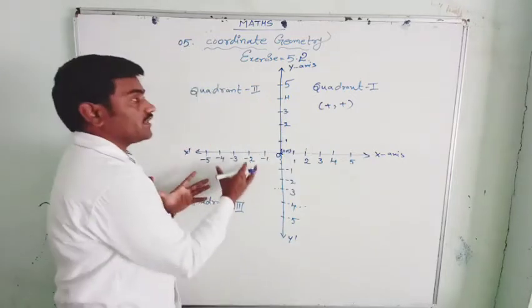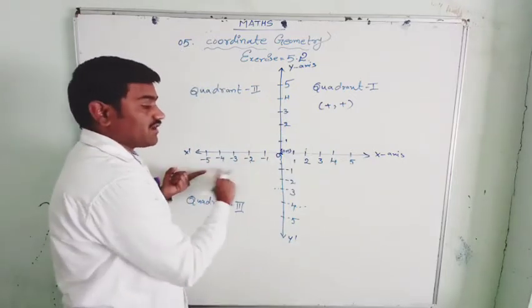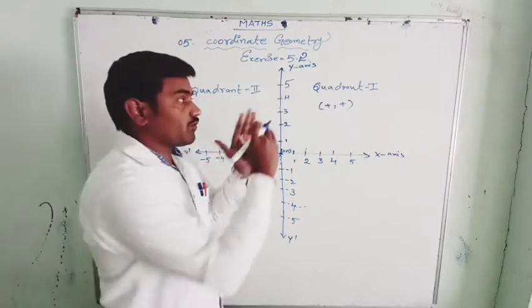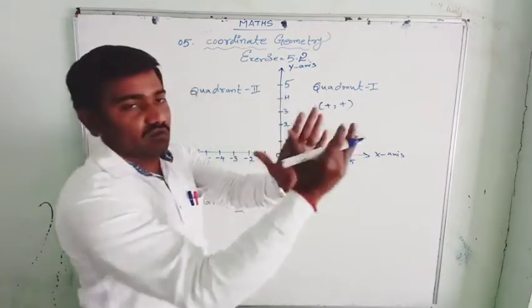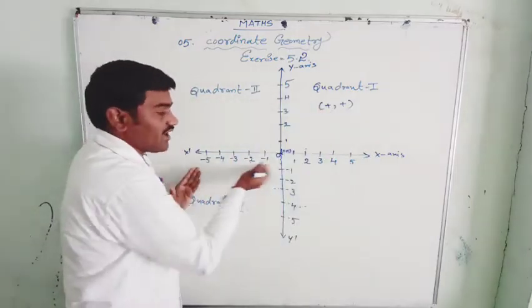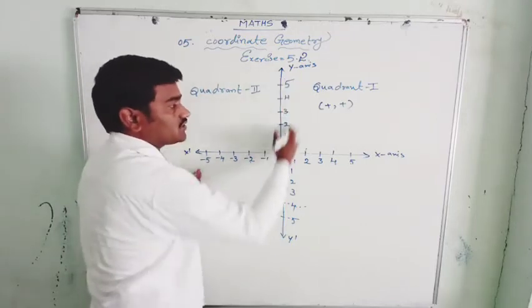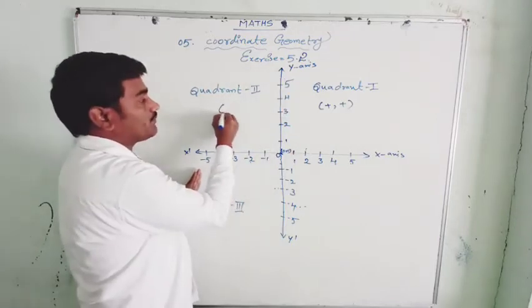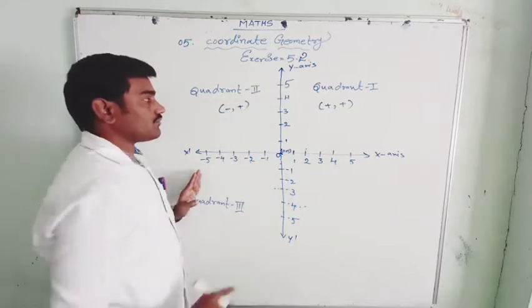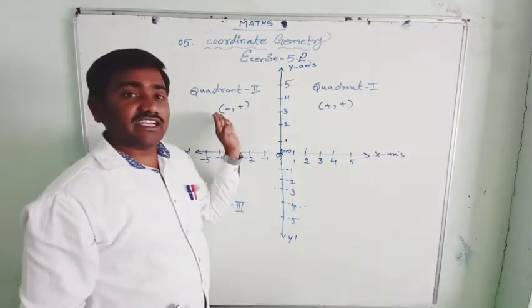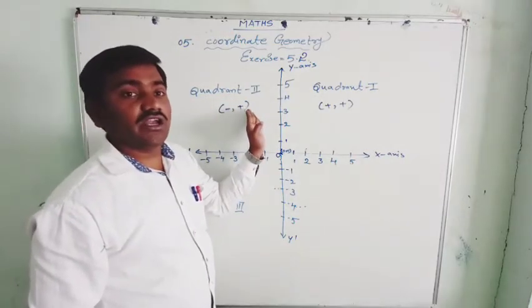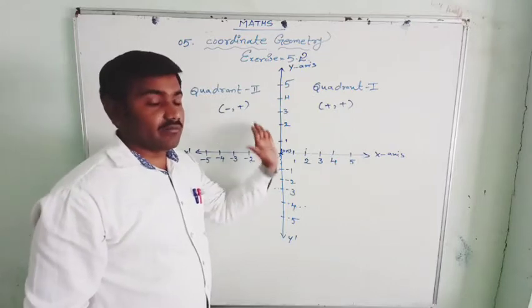Now quadrant number 2. First we always write the x value in the point, then the y value. In quadrant 2, the x values are negative numbers and the y values are positive numbers, so minus comma plus.